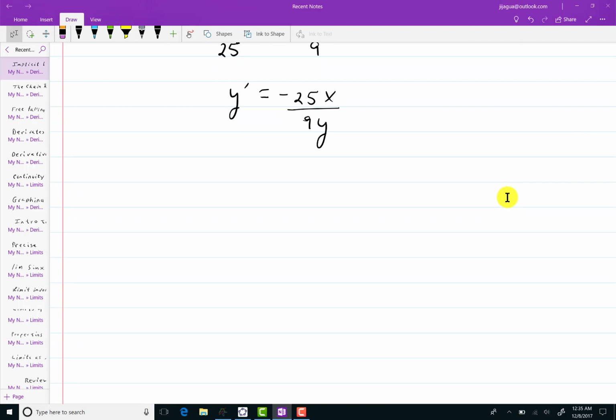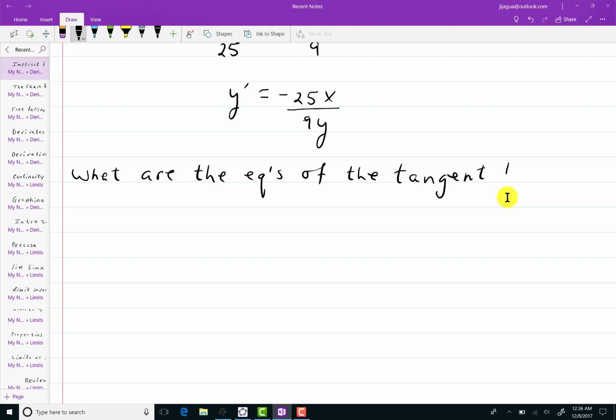If I want to get those tangent lines that I talked about earlier, what are the equations of the tangent lines through the point 1 comma plus and minus 10 radical 2 over 3?